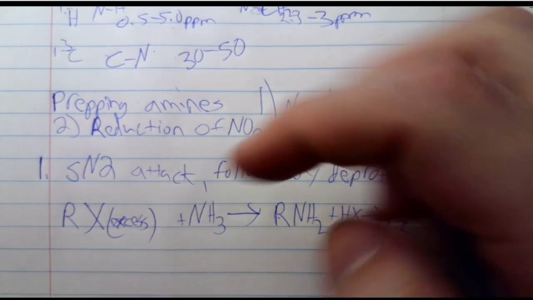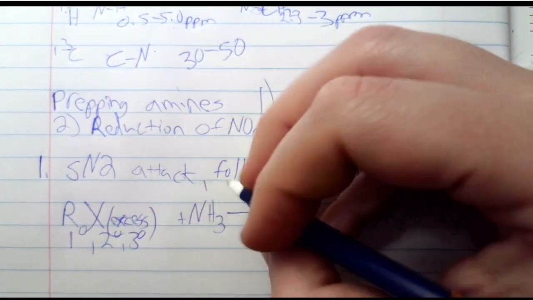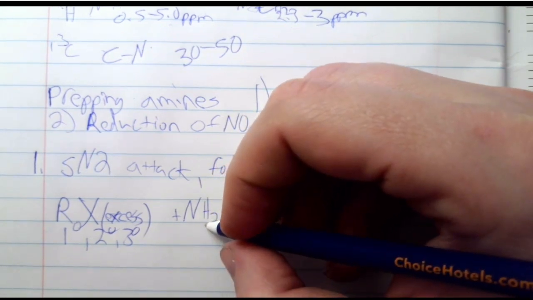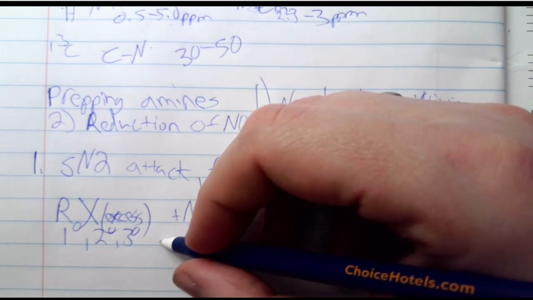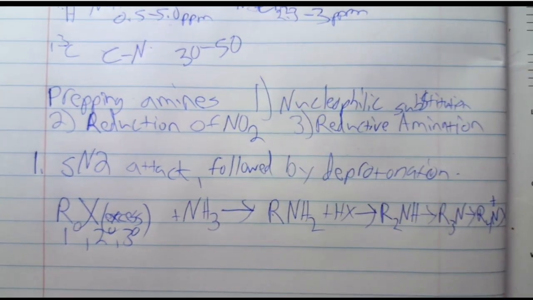It can keep going. So we're often going to form a mixture of primary, secondary, and tertiary. The only reason why it would even stop at quaternary is because there's no more electrons to donate. It can no longer act as any sort of Lewis base. So we're often going to get a mixture of these.